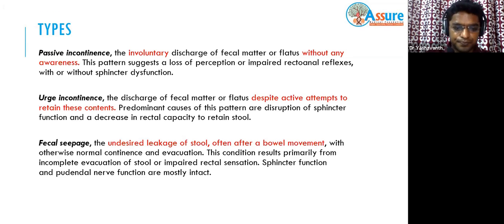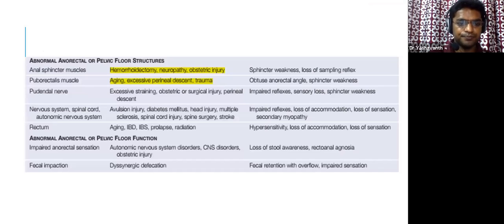And fecal seepage is an undecided leakage after an episode of defecation. After a bowel movement you see it, but in between it will be normal. So these patients sometimes complain that they go twice or thrice to the toilet at frequent intervals in the morning.